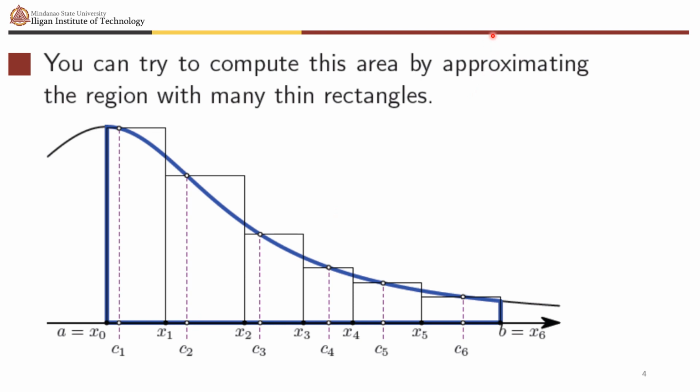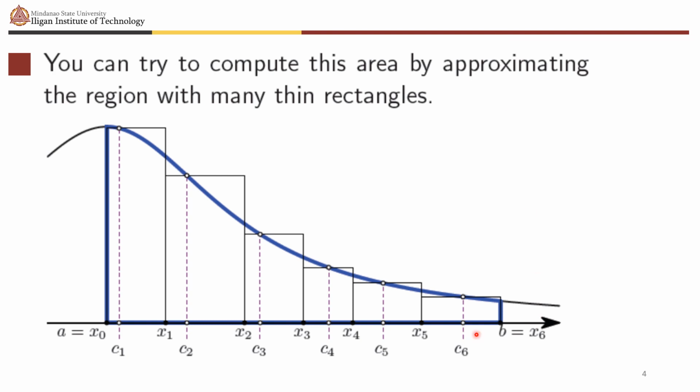For the second rectangle, the base is the interval x of 1 to x of 2, while its height is f of c sub 2. So the area of the second rectangle is the product of its height and width, equal to f of c sub 2 times delta of x sub 2.